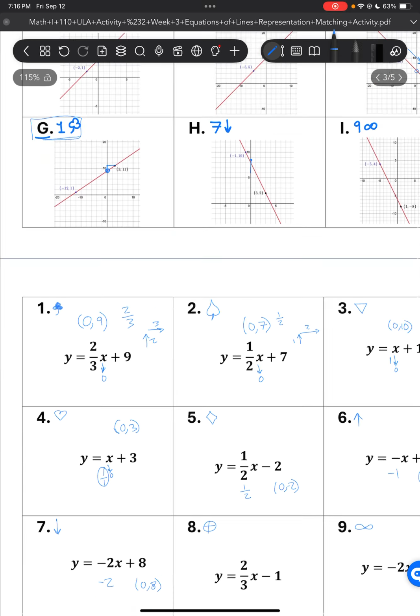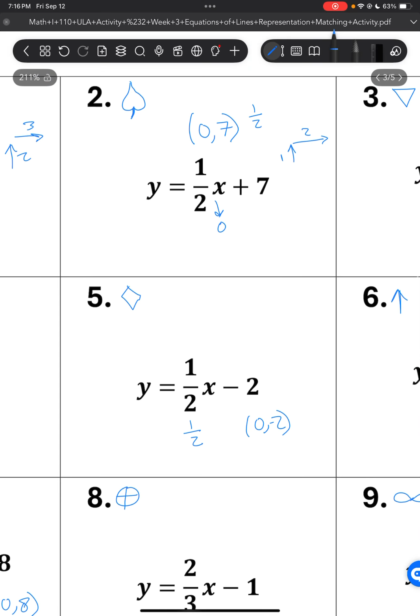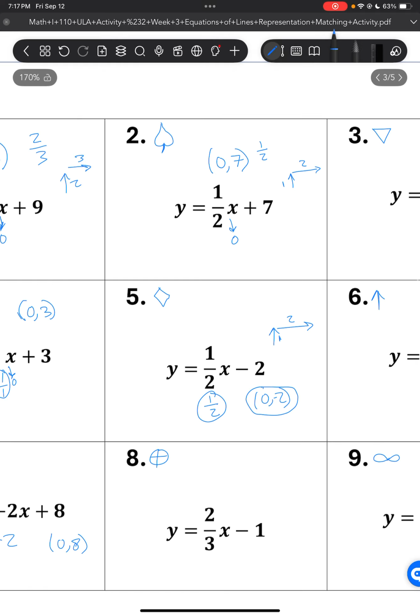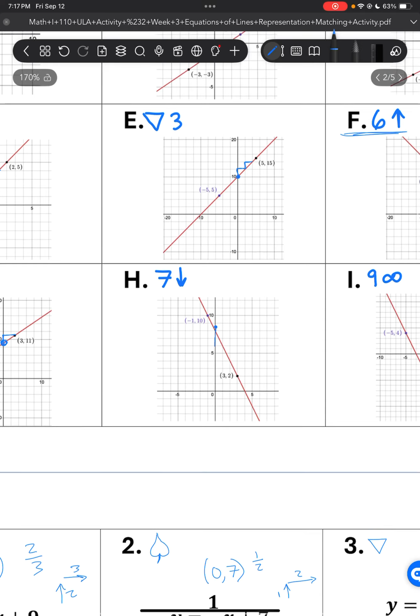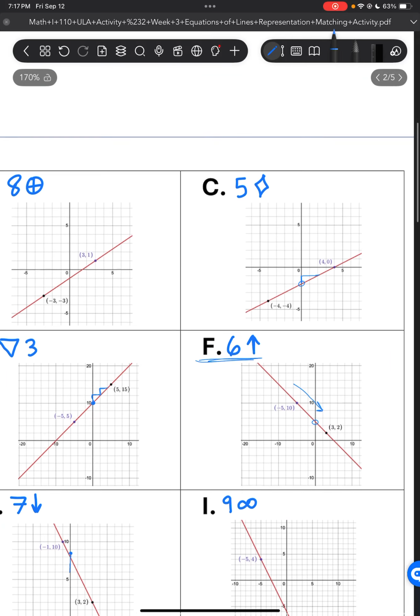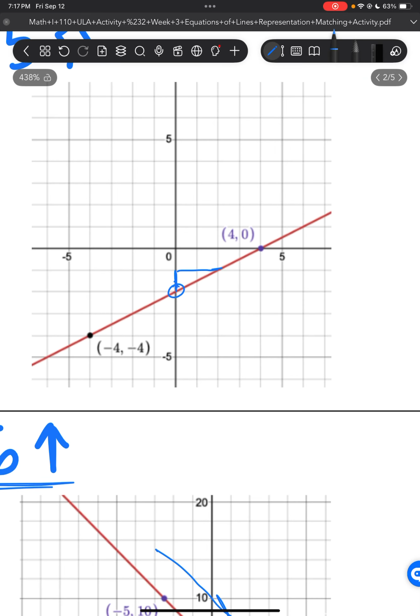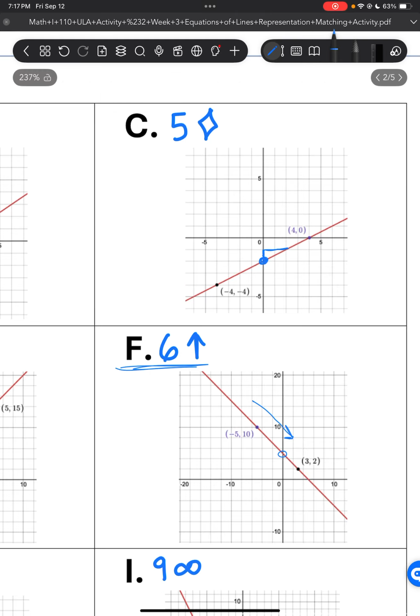All right, number 5. We have a slope of 1/2, so that's up 1 and over 2. However, we have a negative intercept here. We have (0, -2). So let's find one that has this, and we do have it right here. Our (0, -2), and our correct slope.